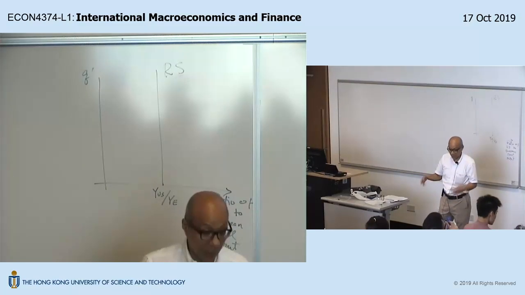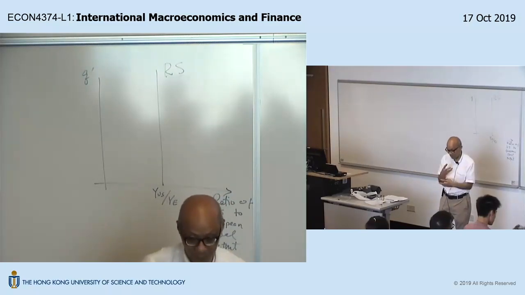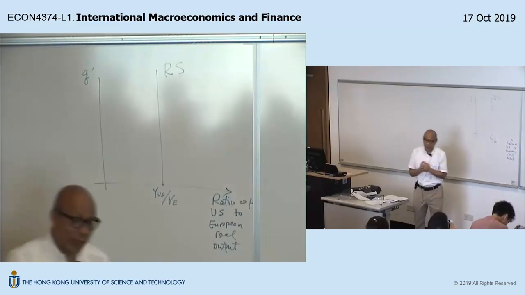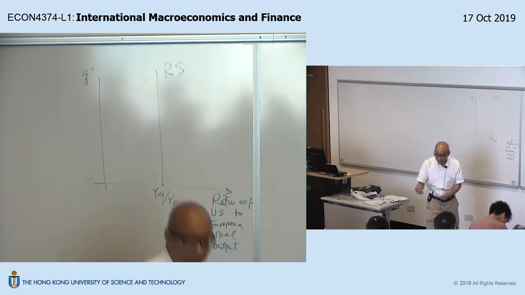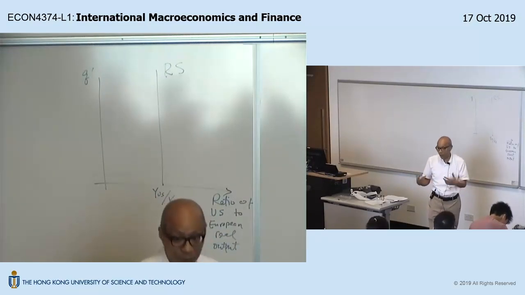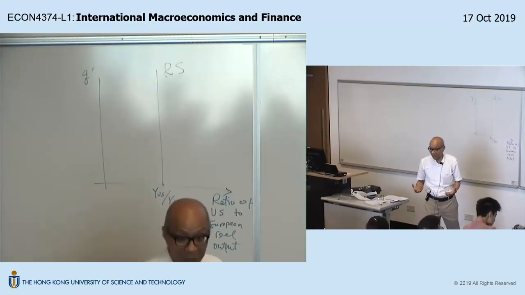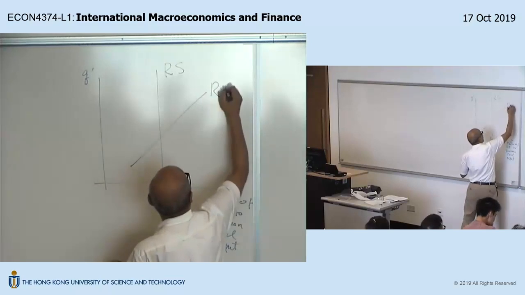Because they're trading with each other, Europeans want to consume some American goods, Americans want to consume some European goods as well. If American goods are relatively more expensive, then the whole world will prefer to consume more European goods, right? So therefore, this explains why this is upward sloping.